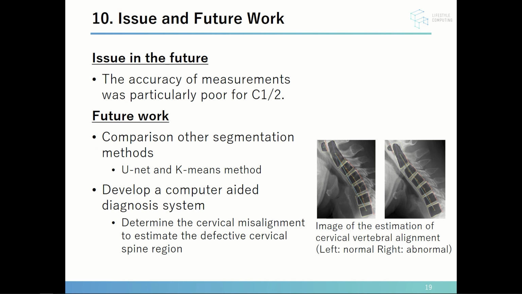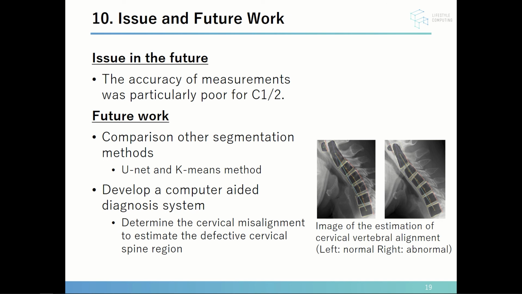An issue in the future is that the accuracy of measurement was particularly poor for C12. But if we can increase the amount of training data, we should be able to improve the accuracy of the estimate of C1. Future work is a comparison of segmentation methods, for example U-Net and the k-means method, and to develop a computer-aided diagnosis system.